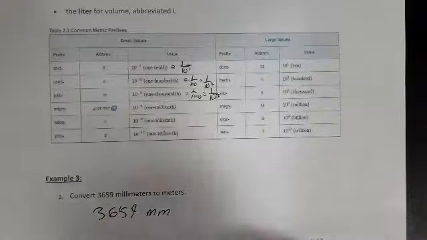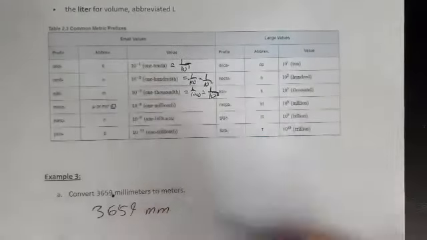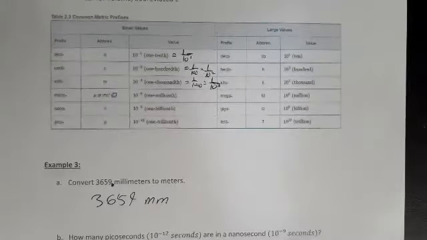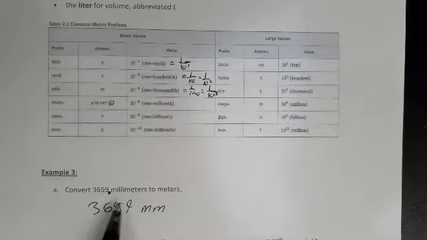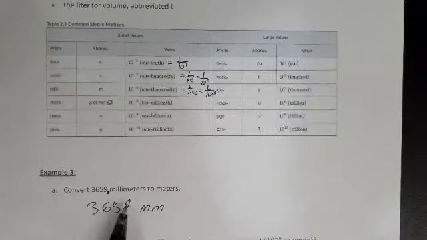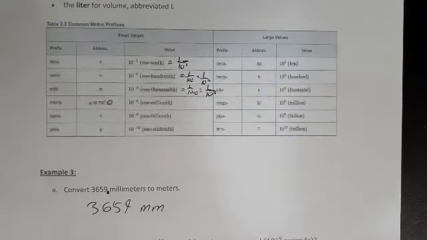So I'm starting out with my decimal place here. If we're thinking about powers of 10, if we multiply something by 10 or divide something by 10, all we're doing is moving the decimal place either left or right. And so when we're multiplying by powers of 10, that's just telling us how many places to move the decimal.